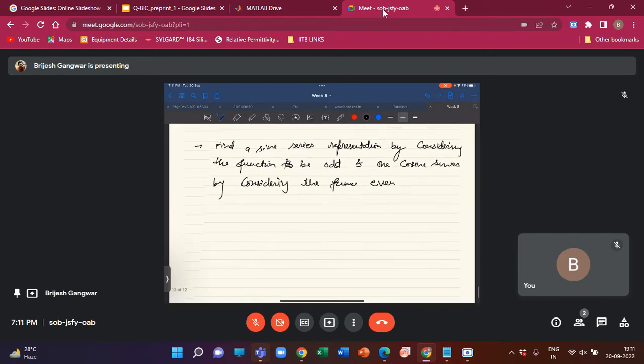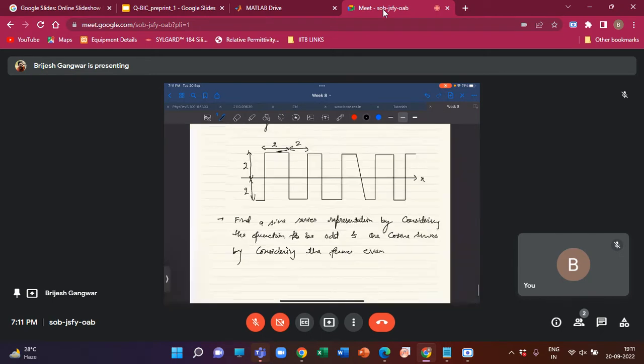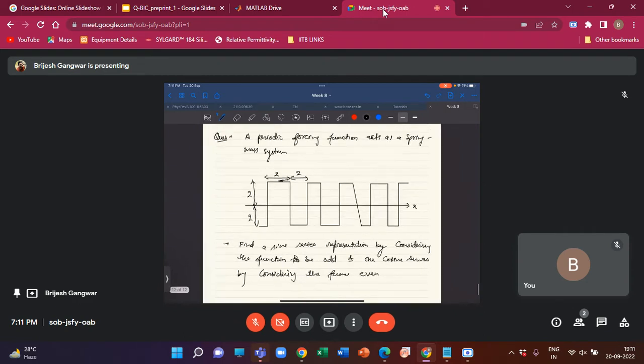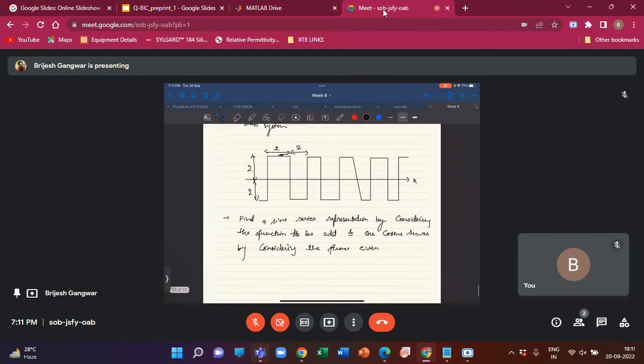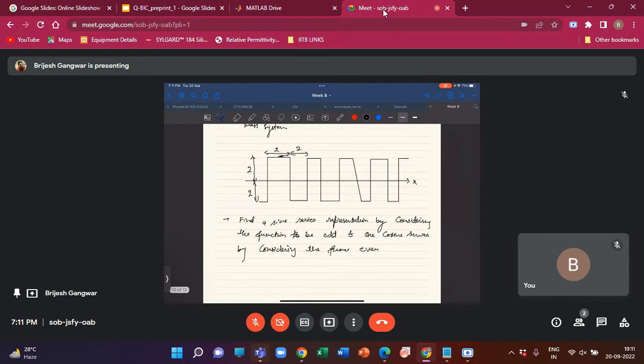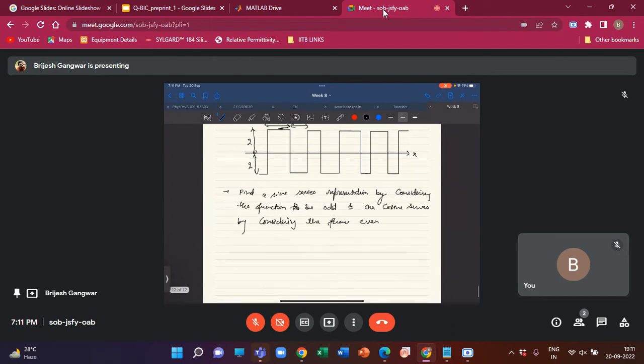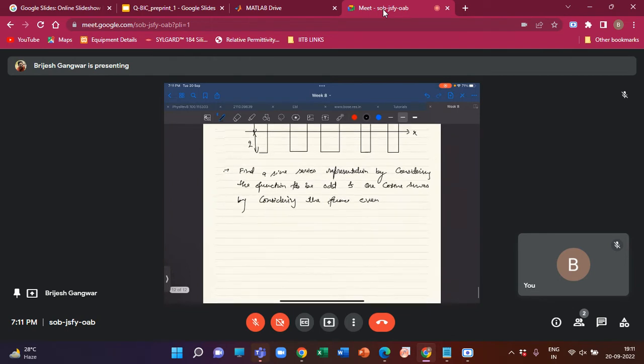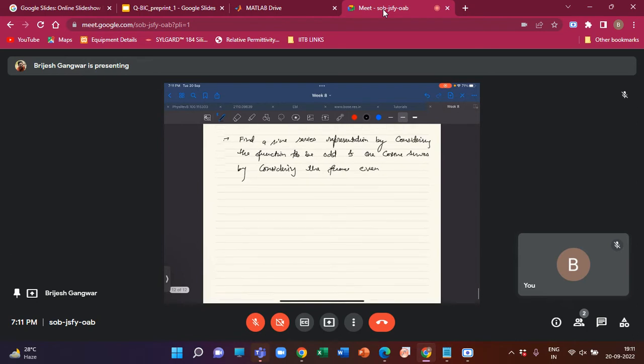Okay, so this is our question. A periodic function we are considering like that, and sorry, this should not be like that, this should be like that. Okay, so how we will solve it, let's see.